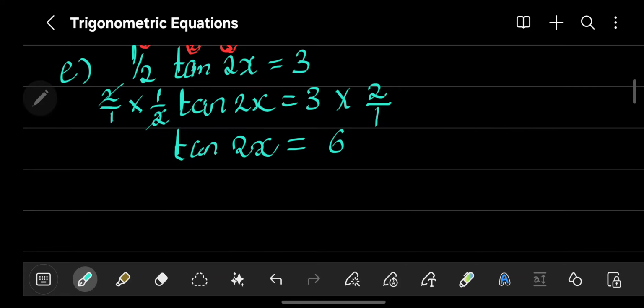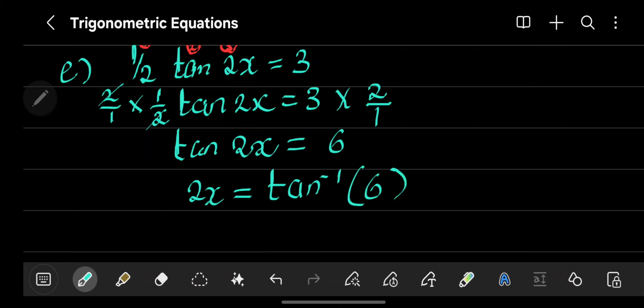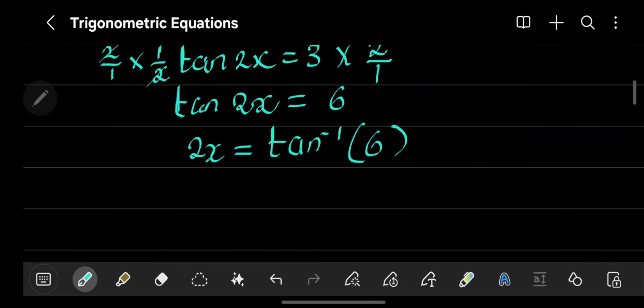Then what's next? The next thing, we're removing the tangent. How do we remove the tangent? By pressing shift on your calculator. So 2x equals arctan, which you get if you press shift on the calculator and then put 6 there.